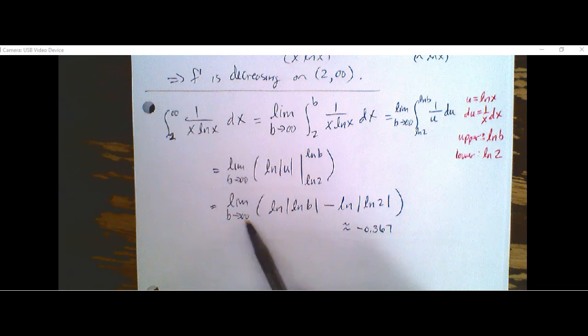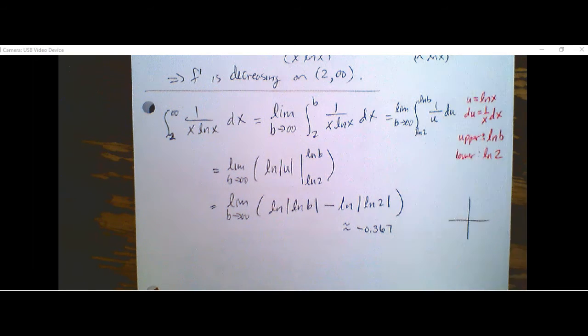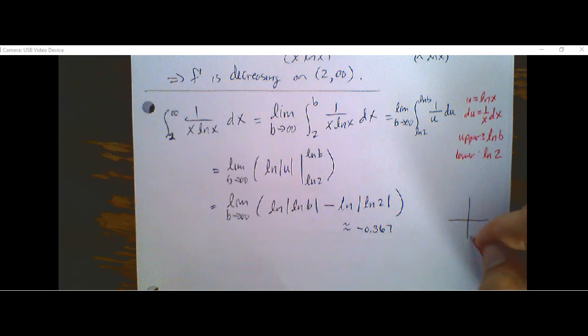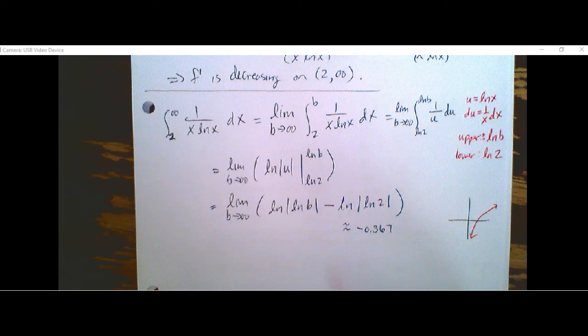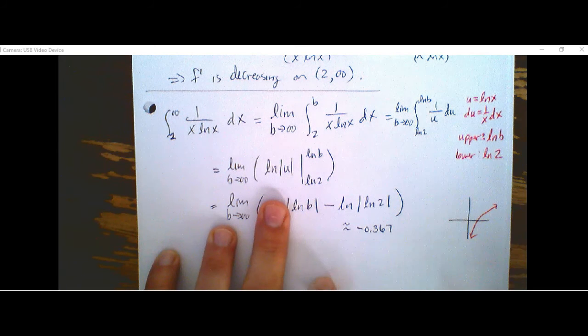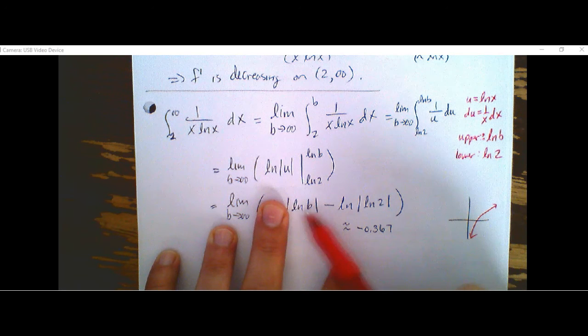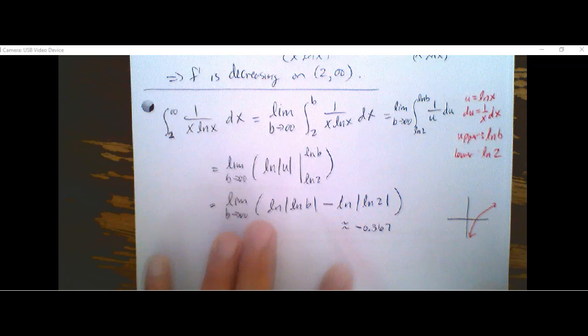All right. What about this guy? Well, if infinity goes in, the natural log of b as b moves to infinity, recall, if you look at the graph of the natural log function, you just focus on this guy. The natural log as b goes to infinity is infinity, right? So this goes to infinity, and the natural log of infinity is infinity.